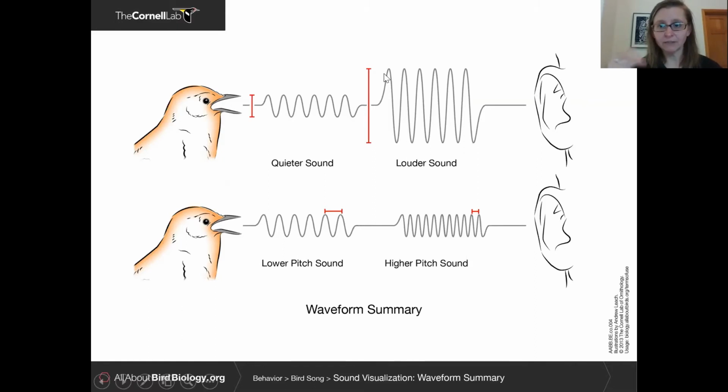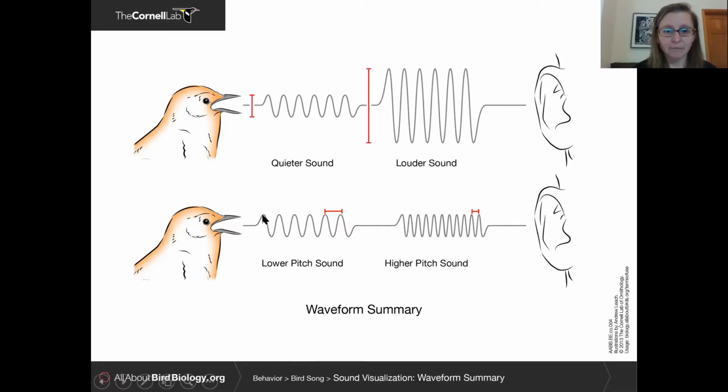So the pitch, the frequency is the same, but this sound is quieter than this sound because the amplitude is changing. The distance from the peak to the trough is much larger in this louder sound than it is in this quieter sound.